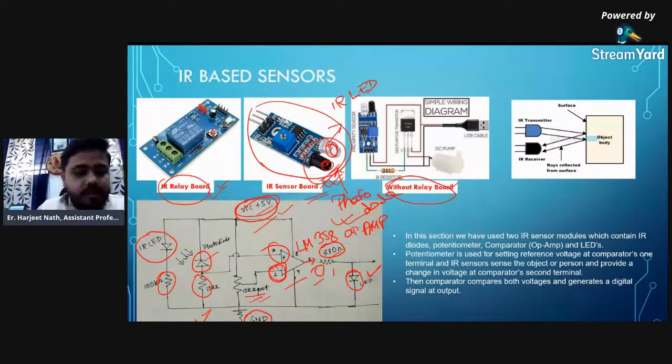Now I have already discussed the various components available with these IR sensors. Now this IR sensor has to be connected with the pump system. Whenever this IR sensor gives a signal, 1 or 0, 0 means the light will not flash, 1 means the light will flash. That means this device is sensing something.